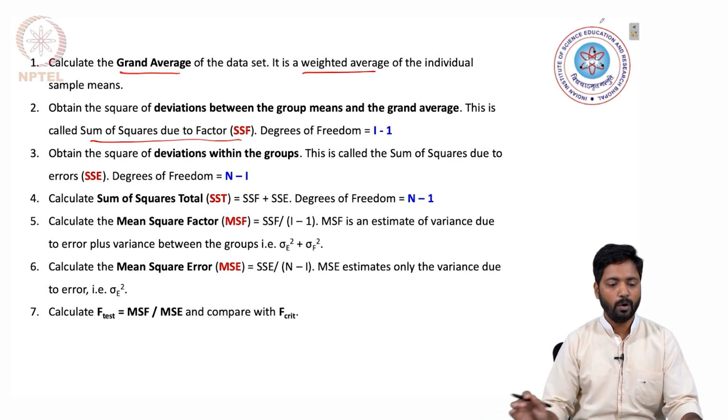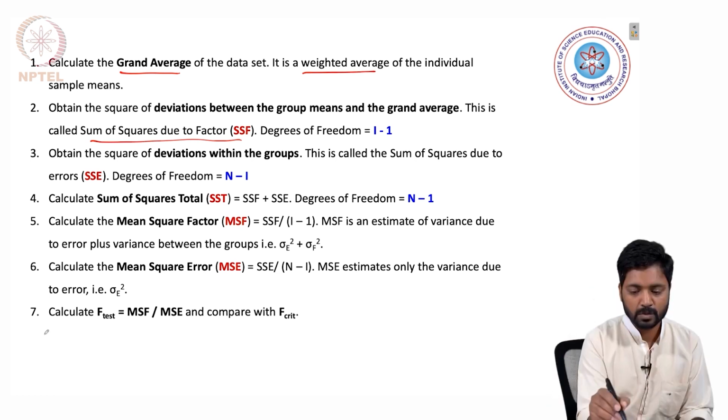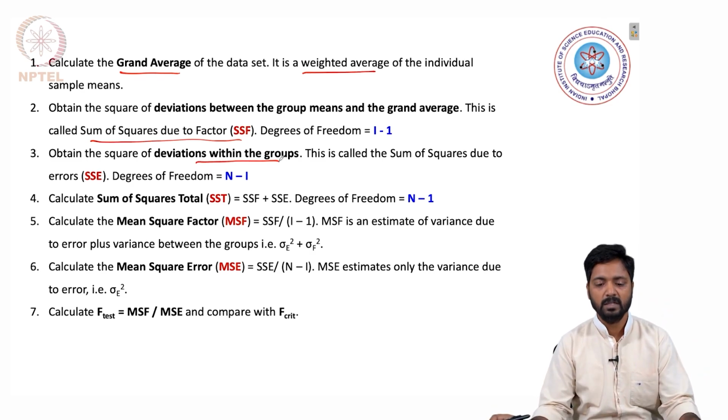Next, we need to obtain what is known as the sum of squares due to variations within the group. So, this is nothing but the error, as we have been discussing in this course, or the fluctuations within a particular sample that we are dealing with.